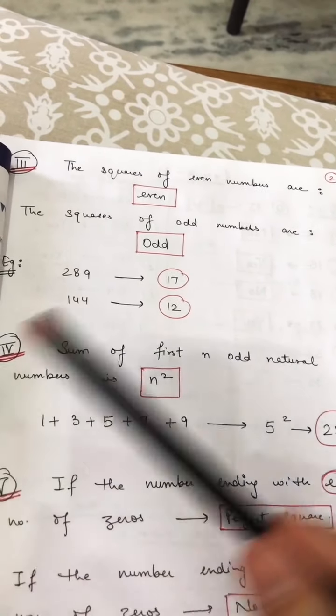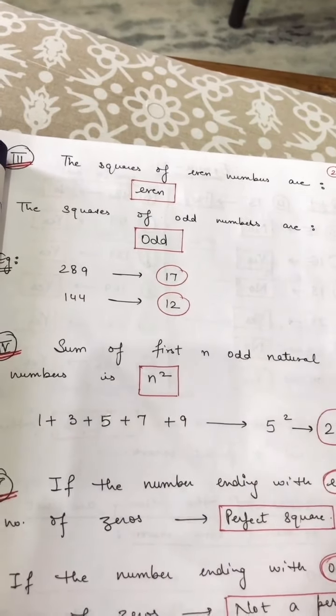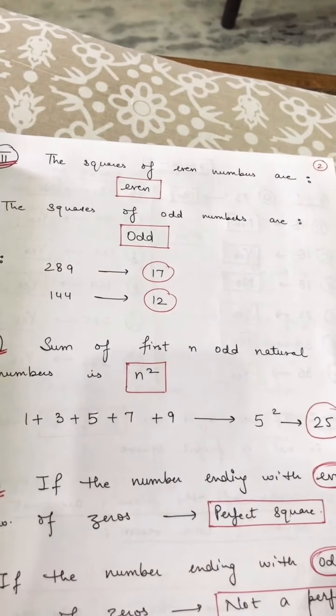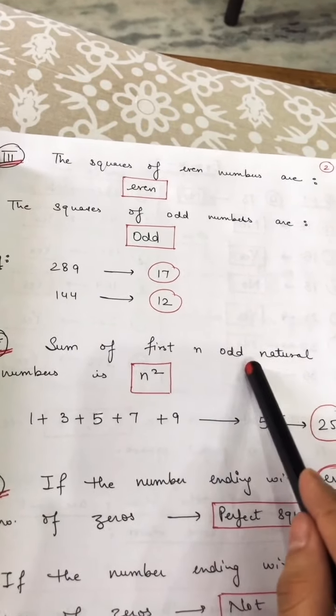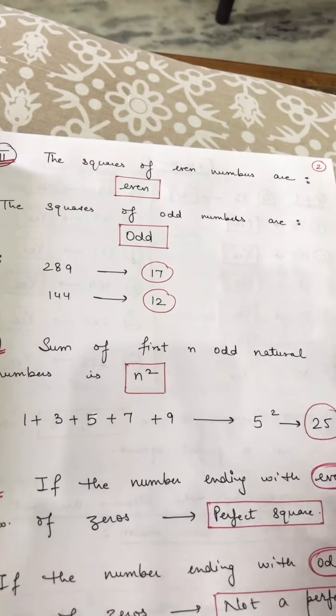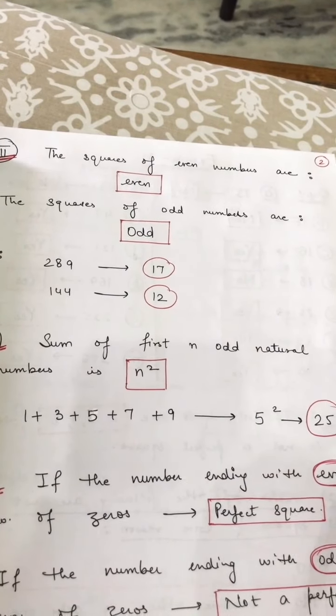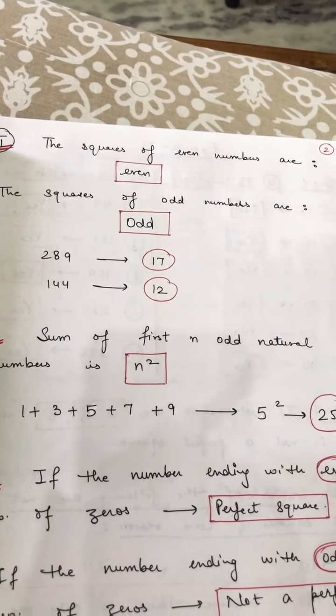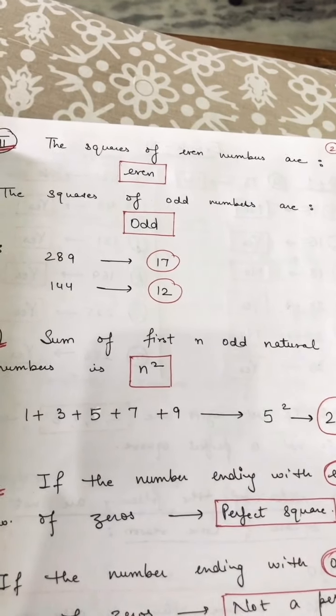So if a question in the paper gives you a long series of n odd natural numbers and asks you to find the sum, you can count the numbers. Suppose there are 10 numbers, then find 10 square, which will be 100.